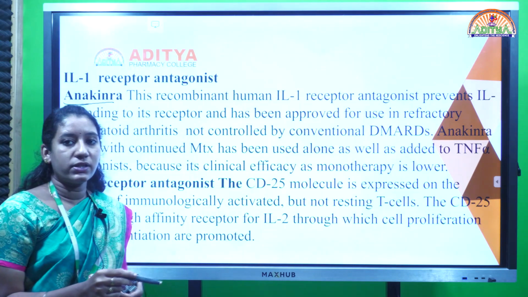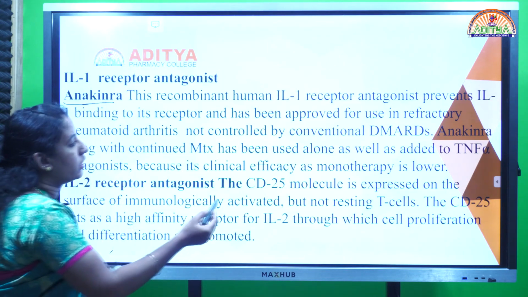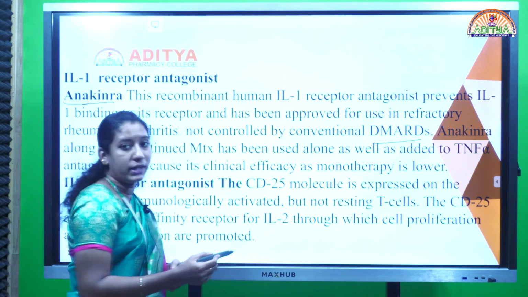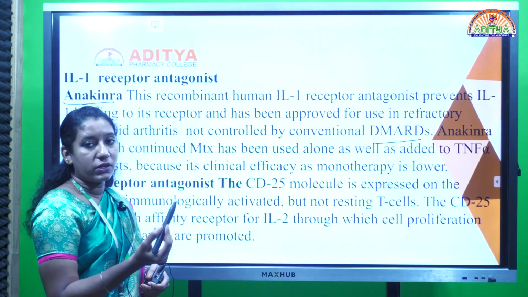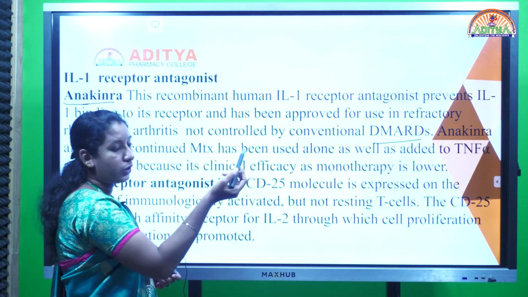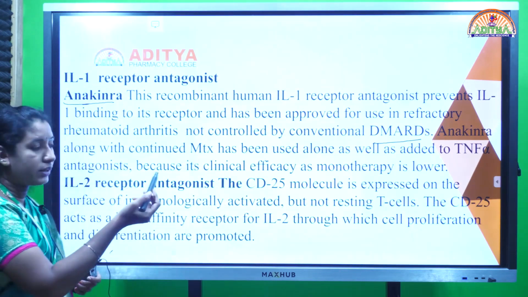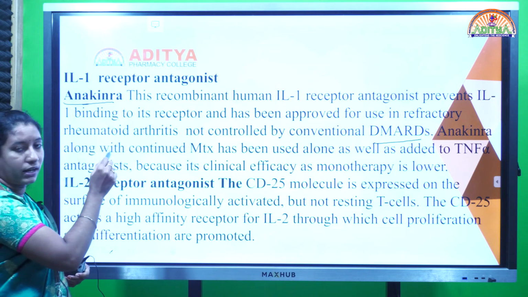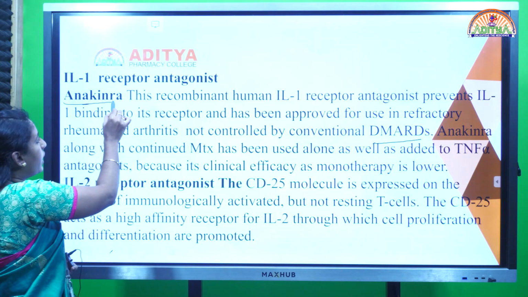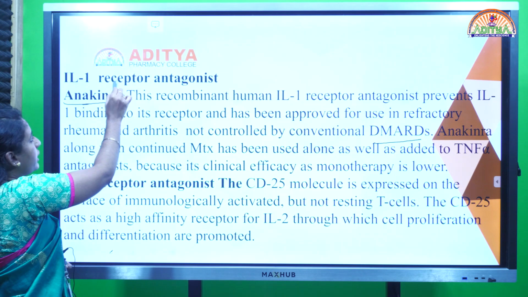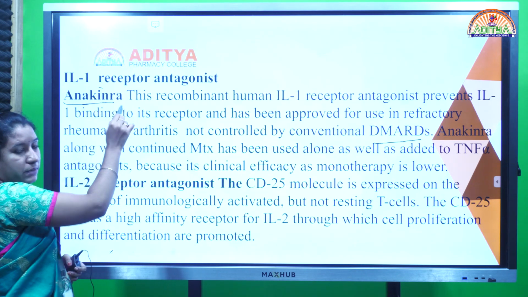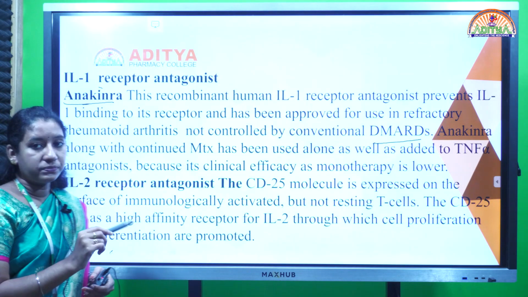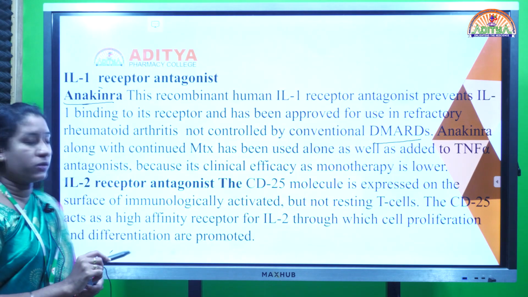If patients are not responding to the DMARDs, that means the disease modifying anti-rheumatoid drugs, they can be switched to a drug like anakinra, because this drug will bind to the IL-1 receptor and inhibit its activities. If the IL-1 activities are inhibited, there will be no production of immune responses.